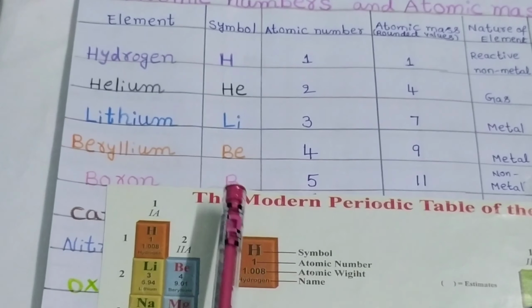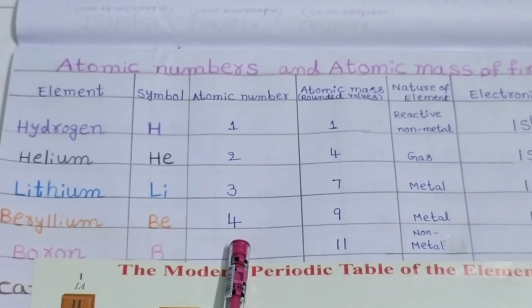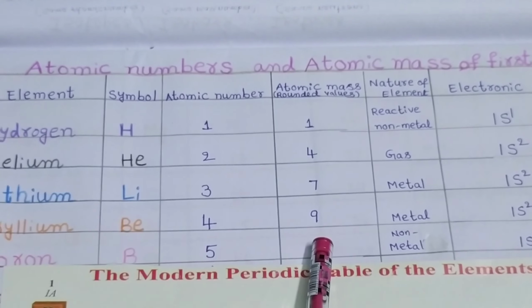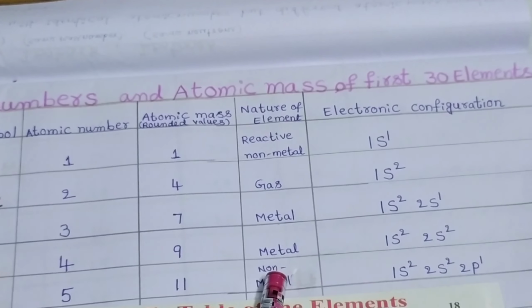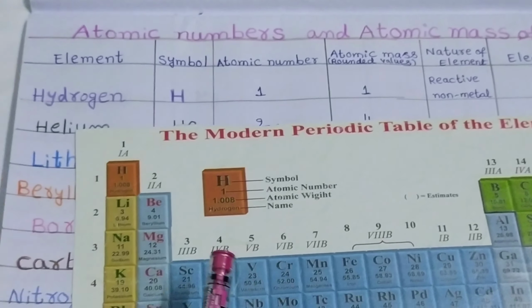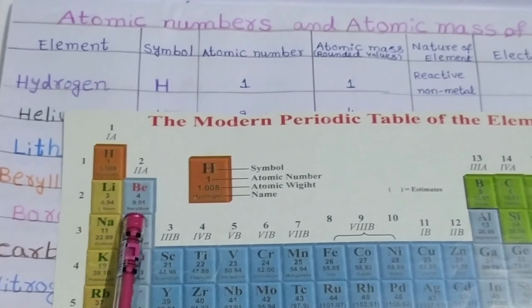Next, beryllium. Symbol is Be, atomic number 4, atomic mass is 9, and it is also a metal. Beryllium is present in the s block and second period.